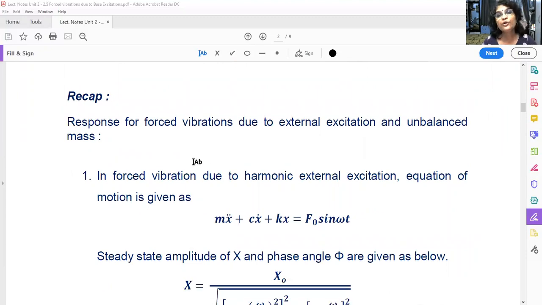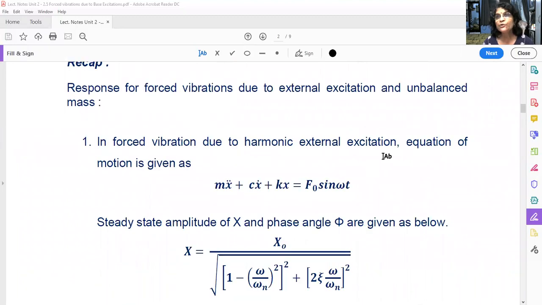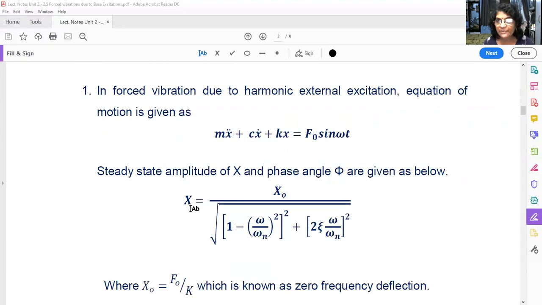We have learned two types of responses in the earlier lecture. First was due to external excitation. So what was the equation of motion? M x double dot plus C x dot plus K x is equal to Fo sin omega t. And what was the steady state amplitude?